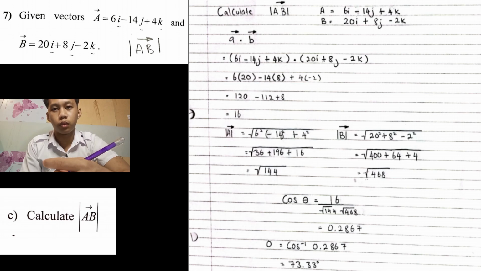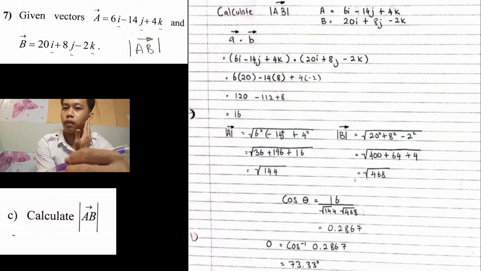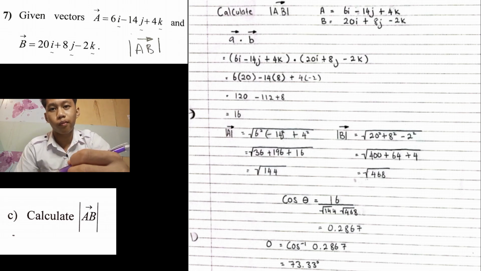And for B, 20 to the power of 2 plus 8 to the power of 2 minus 2 to the power of 2. For answer is 416.8.